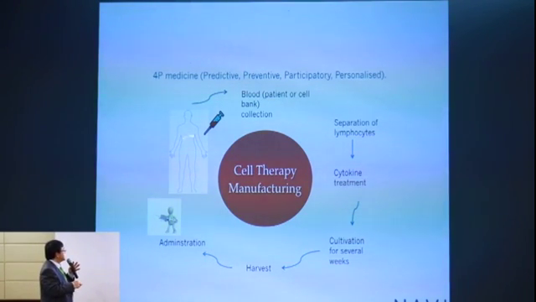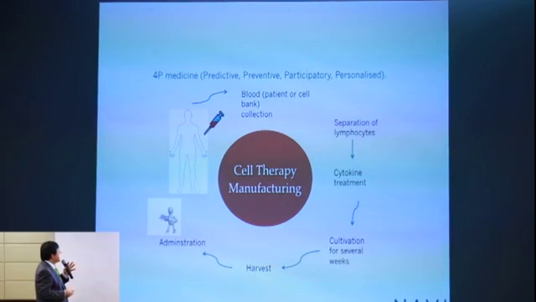Firstly, draw the blood from the patient and separate the cells we want. For example, in our technique we separate the lymphocytes and stimulate them to induce the lymphocytes to differentiate or activate, and we culture them for several weeks, and then we harvest at the right and proper time.